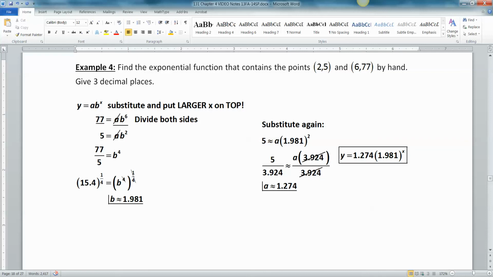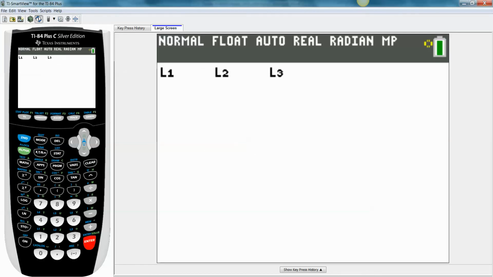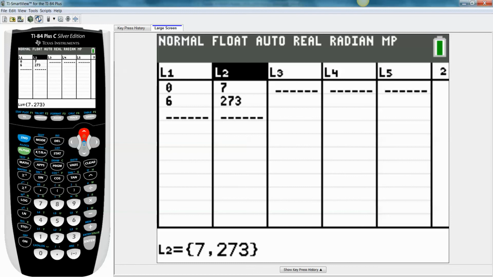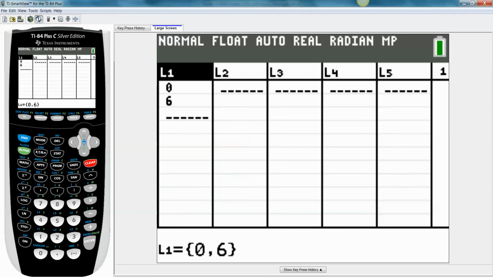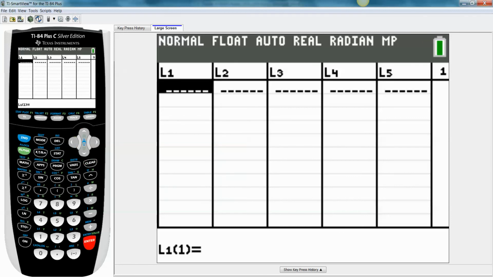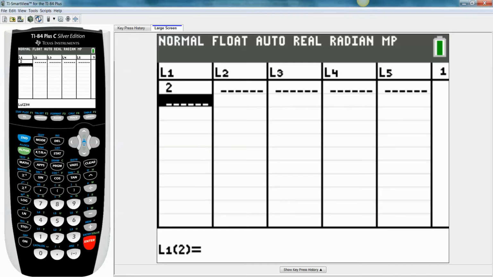Okay, so let's go back to the calculator. Stat, edit, clear the old, type in the new. So our x values were 2 and 6, and then the y values 5 and 77.